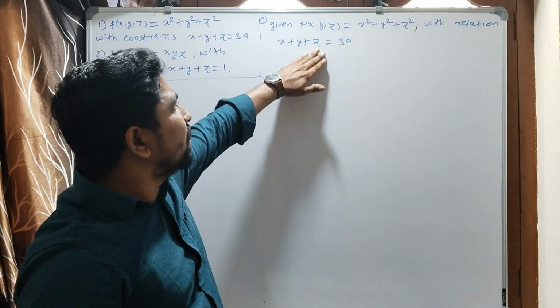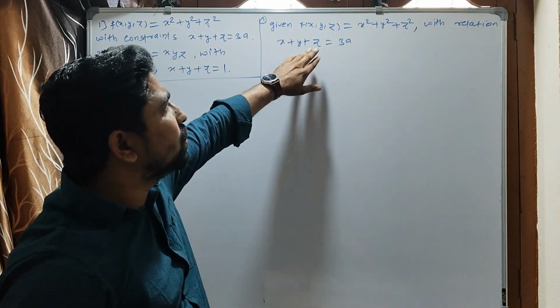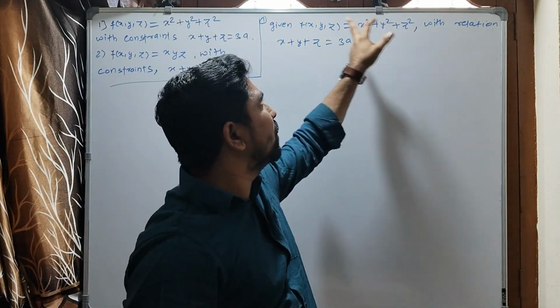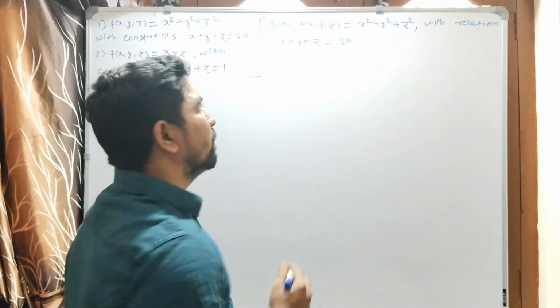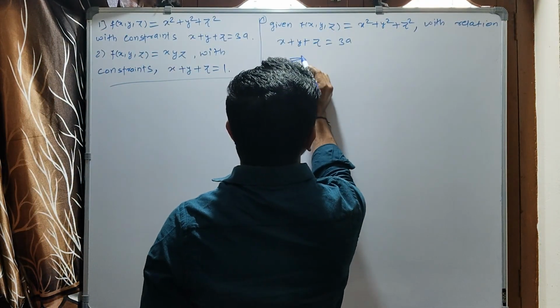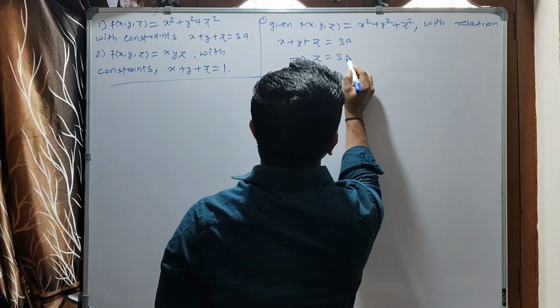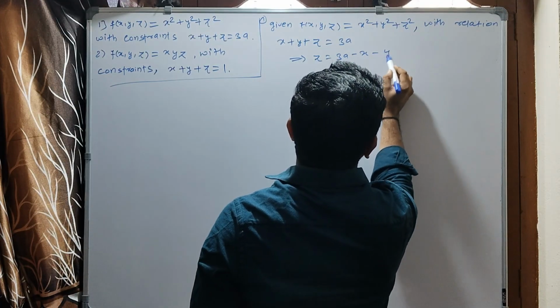Now I want to use this constraint to remove the one variable z from your function, to convert the function of three variables into two variables. From here, this implies z = 3a − x − y.